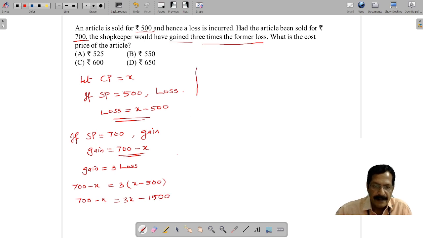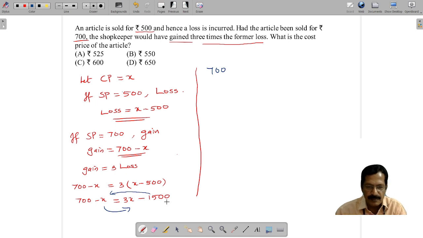Dear children, here we are applying the idea we have discussed just before. I am shifting this minus X to the right hand side and this minus 1500 to the left hand side. So we get 700 plus 1500, because when we shift it to the other side of the equal symbol, the minus becomes plus.